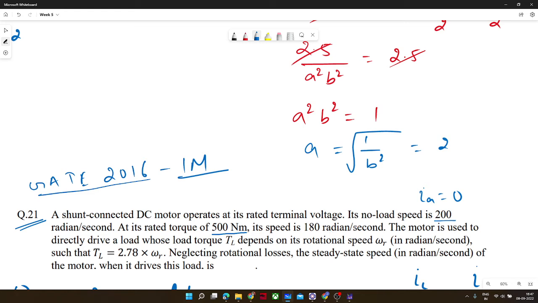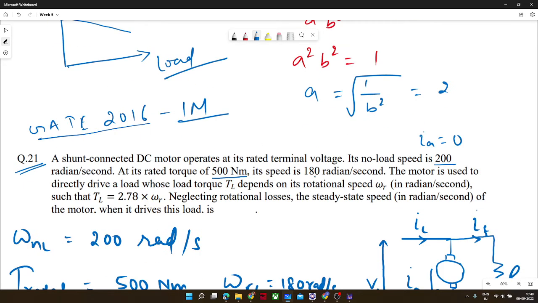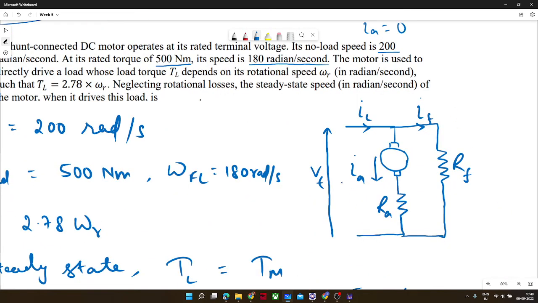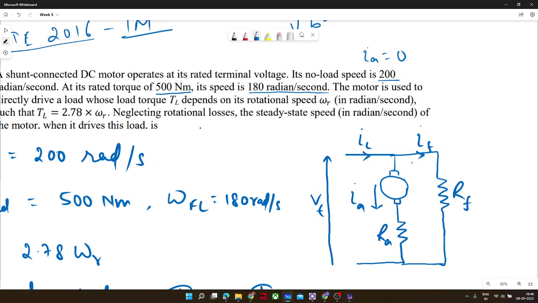So after loading any motor, the speed falls. This is the general characteristic: as load increases, speed falls. That's why here the speed is 180 radian per second. This is a simple circuit of a DC shunt motor.